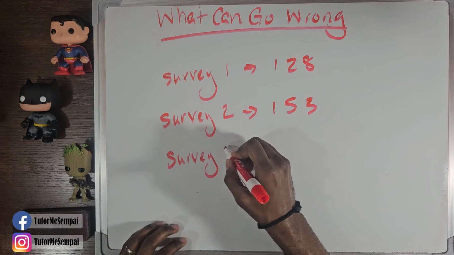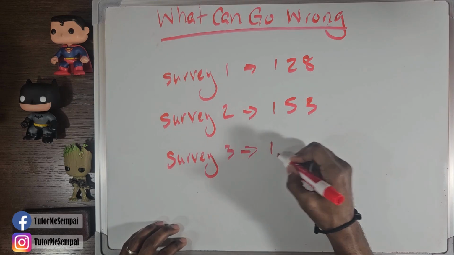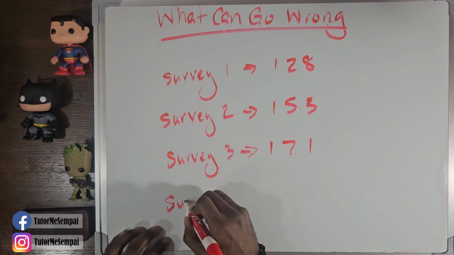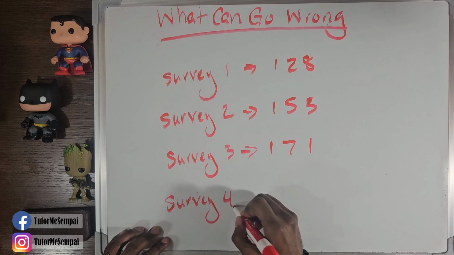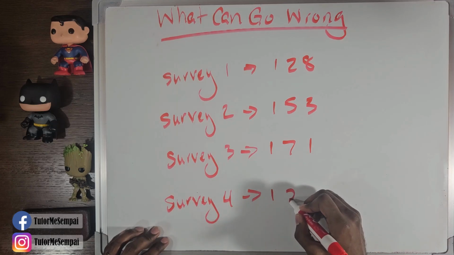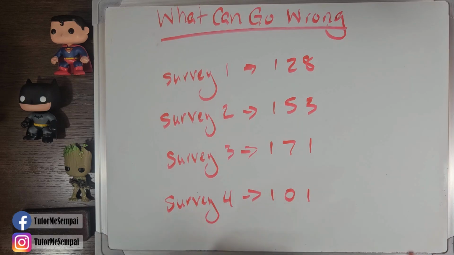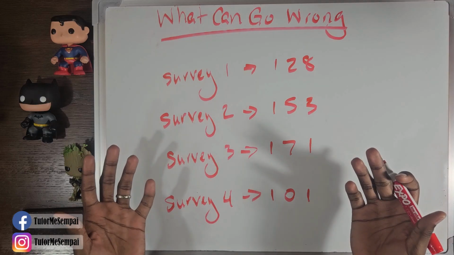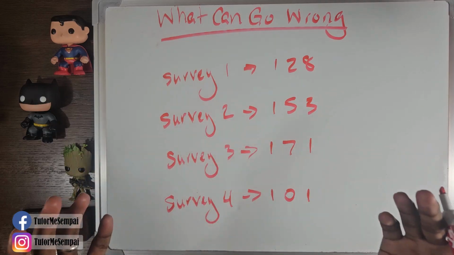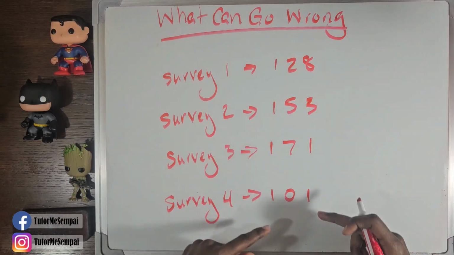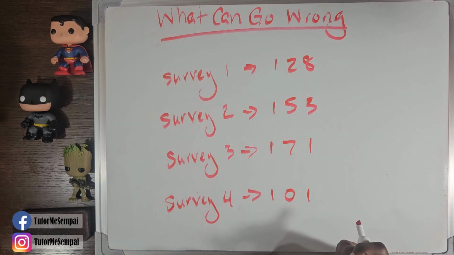Survey 3, we did 171 people. And then survey 4 was pretty bad. We only got 101 people to do that survey. If you were just trying to get a rough idea of how many people did all of your surveys, adding up all these numbers is not terribly complicated.